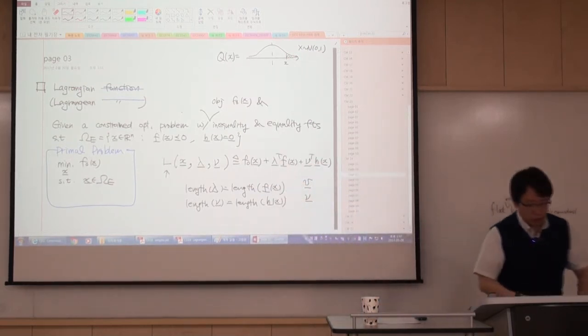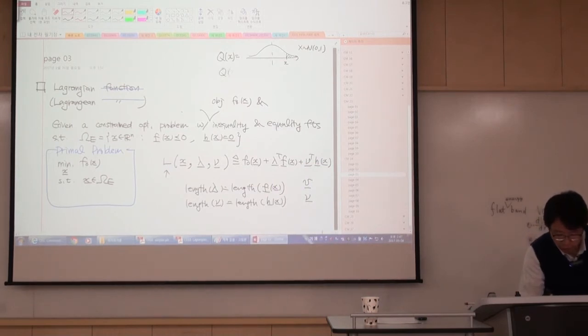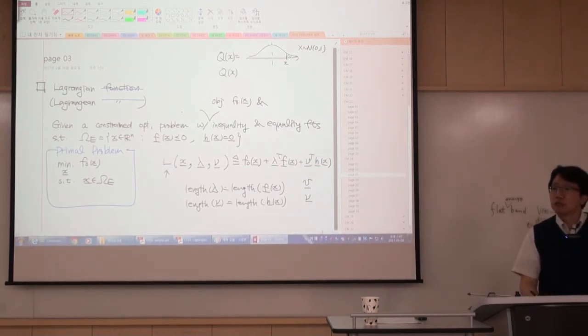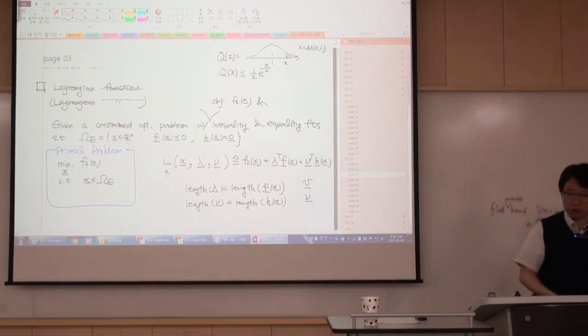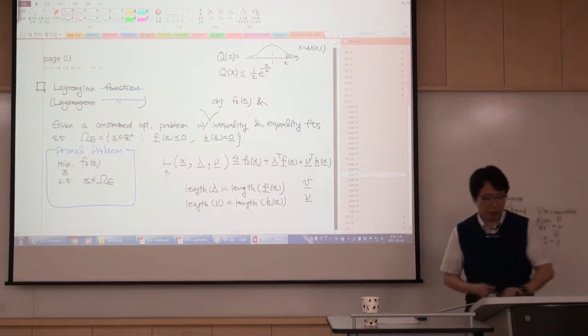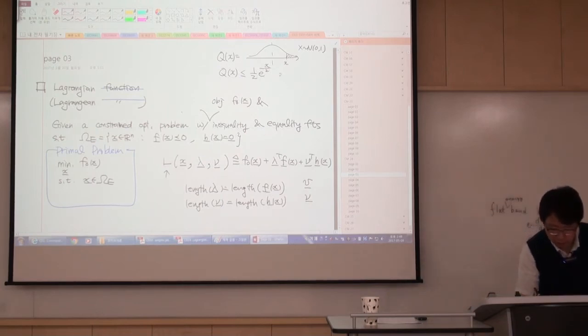And you've also seen that this Q function cannot be written in closed form, but has an upper bound, if I remember correctly, something like this. I may be right, when x is positive.